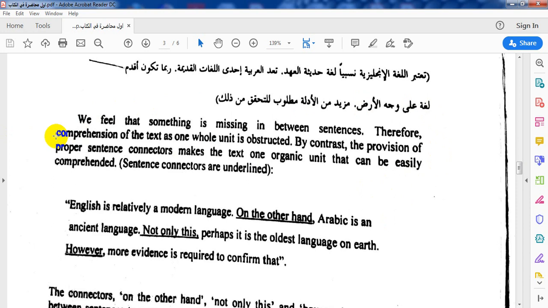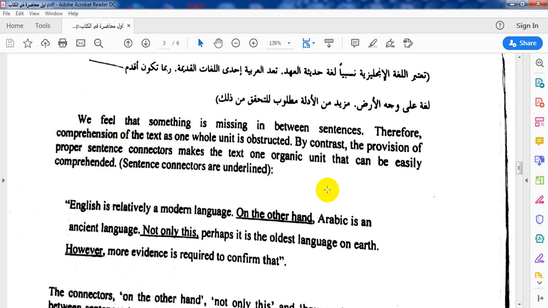First of all, we use connectors or conjunctions to obtain comprehension. We could understand the text more clearly using those connectors or conjunctions.